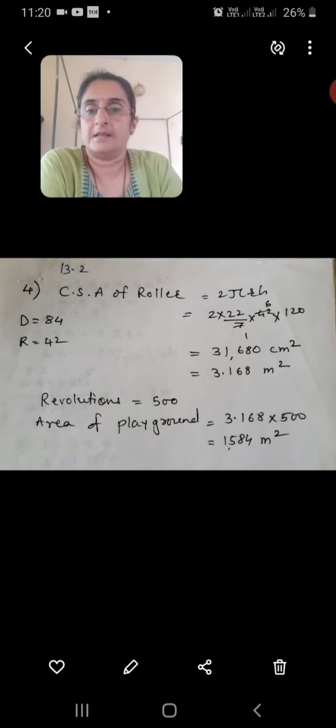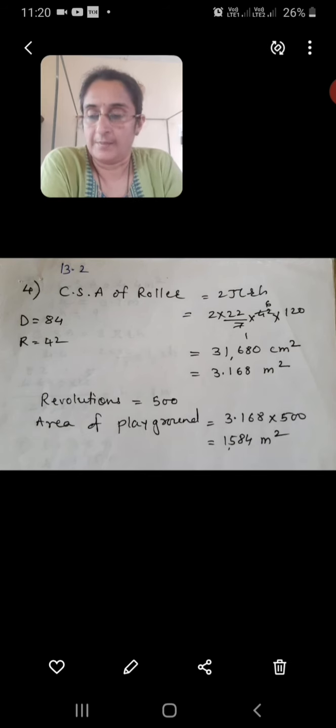Its dimensions, that is diameter, is given, and the length of the roller is given, that is 120 centimeter. Using this, we have to find the total curved surface area of that roller, and then once we know how much area is covered in one revolution, to find out the area of the playground, we have to multiply by the total revolutions.